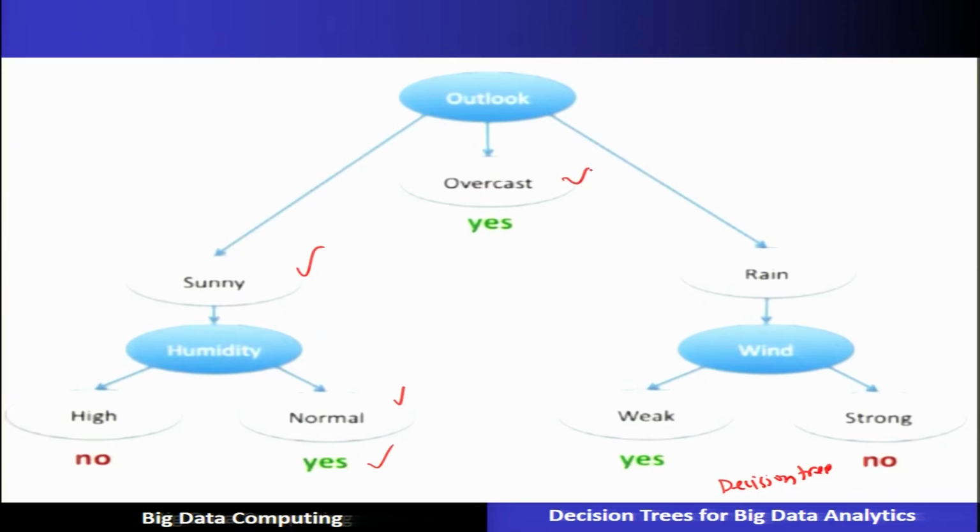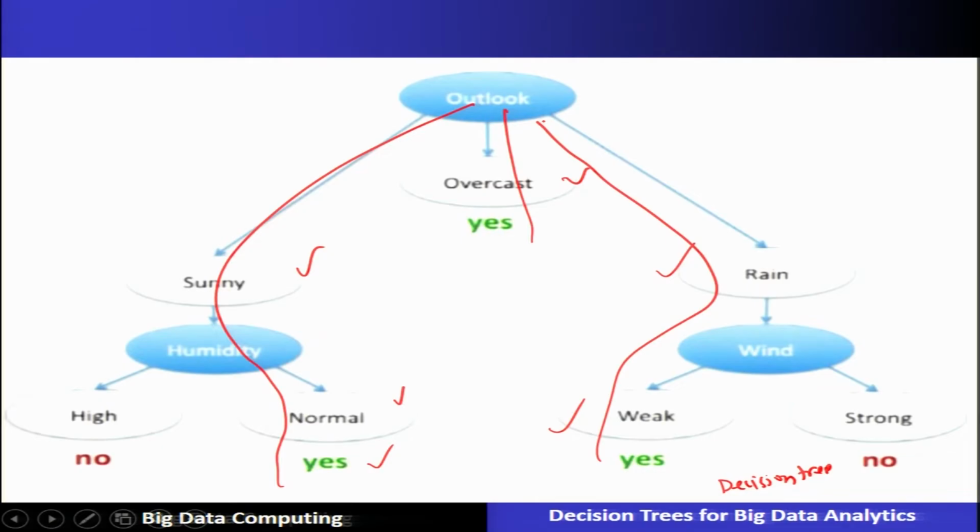When the outlook is overcast, then Sachin has played, and when the wind is weak and the outlook is rain, then also Sachin has played. So there are 3 different cases when Sachin has played, which is shown over here. In all other cases, Sachin has not played.